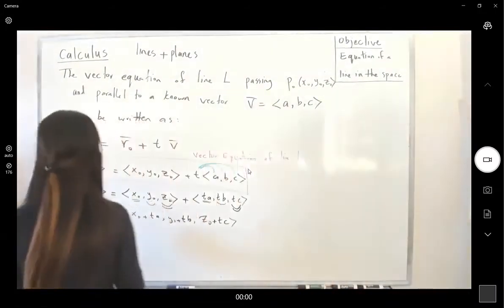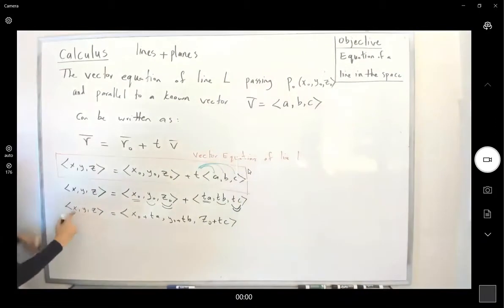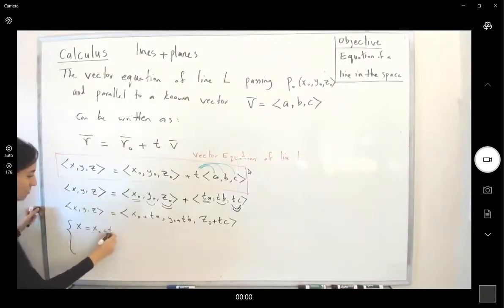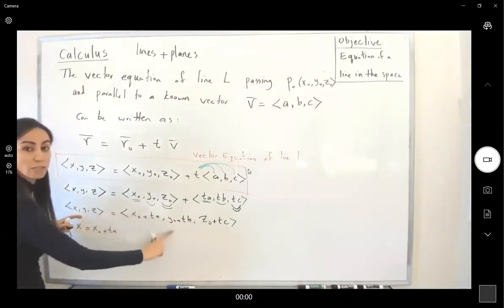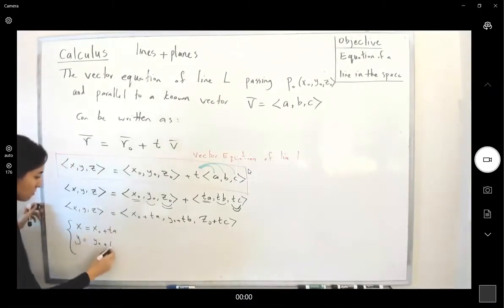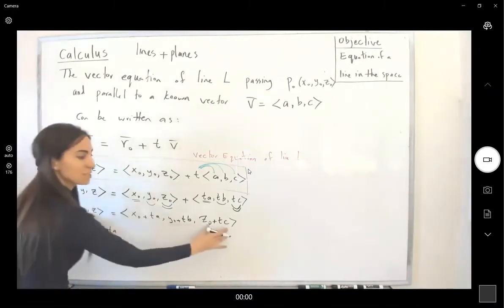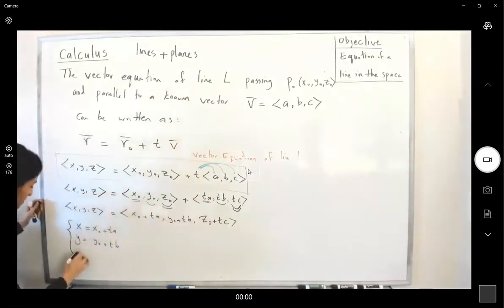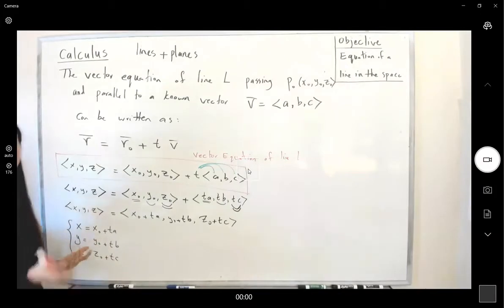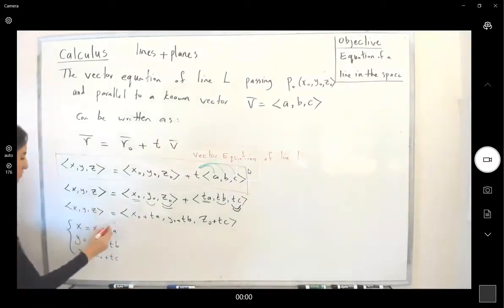It means that X is equal to X sub 0 plus TA, Y is equal to Y sub 0 plus TB, and Z is equal to Z sub 0 plus TC. This system is called the parametric equation of the line.